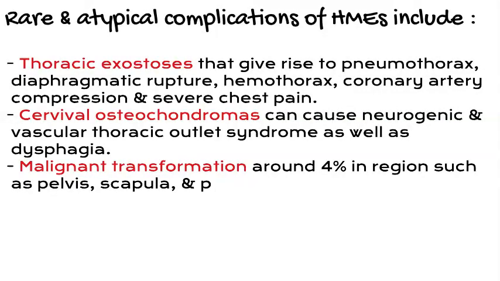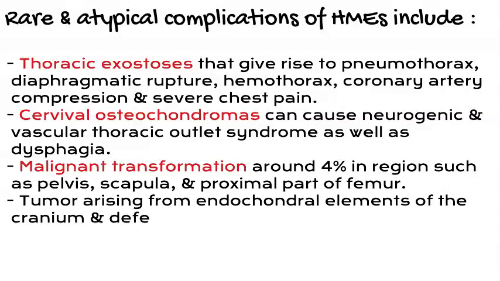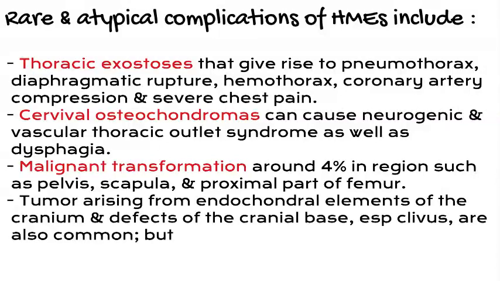Malignant transformation is around 4% in regions such as the pelvis, scapula, and proximal part of the femur. Tumors arising from endochondral elements of the cranium and defects of the cranial base, especially clivus, are also common but easily missed.